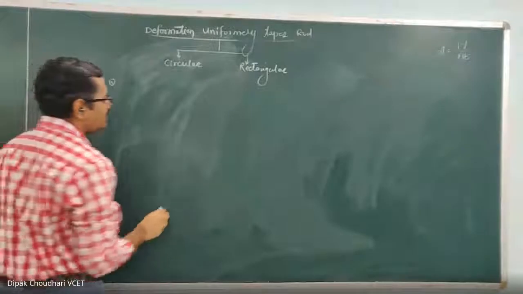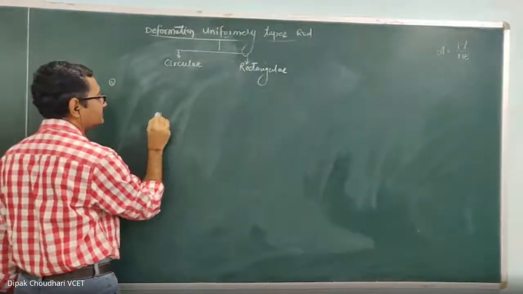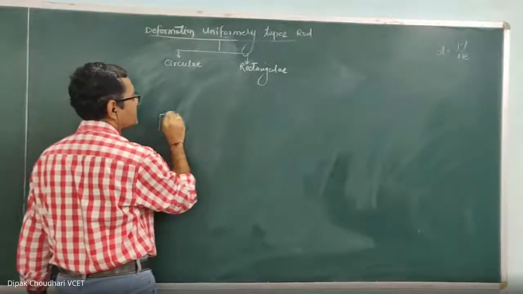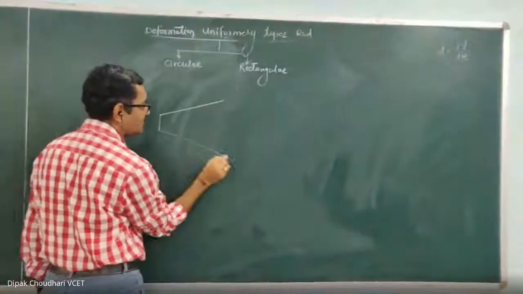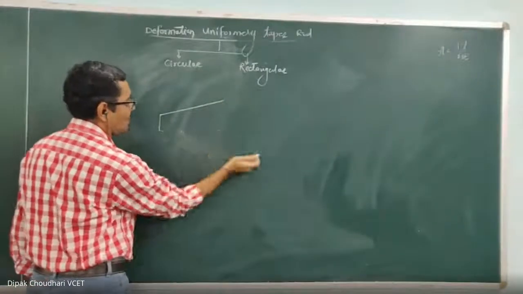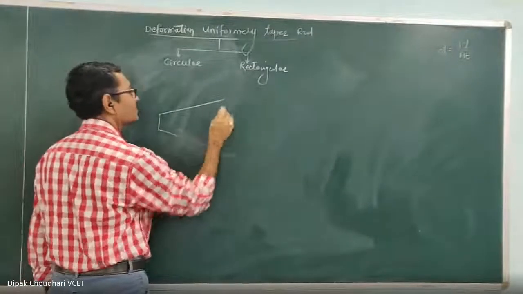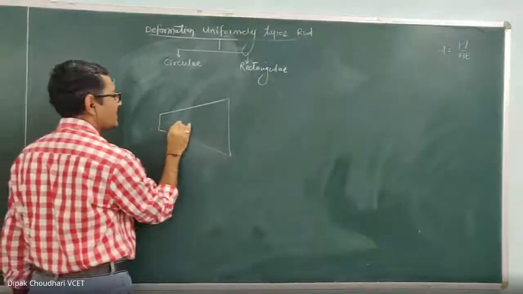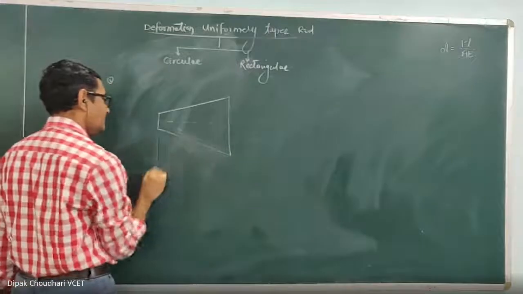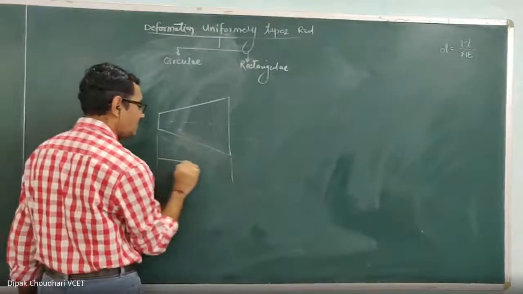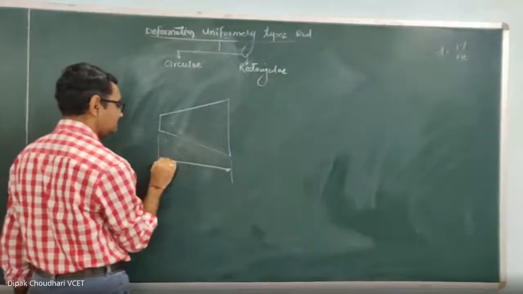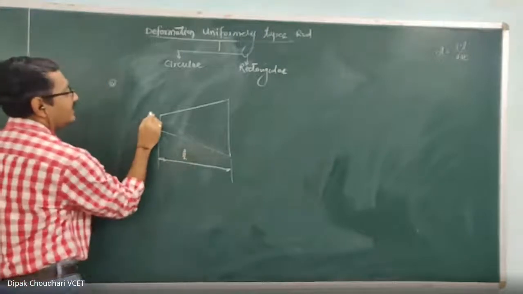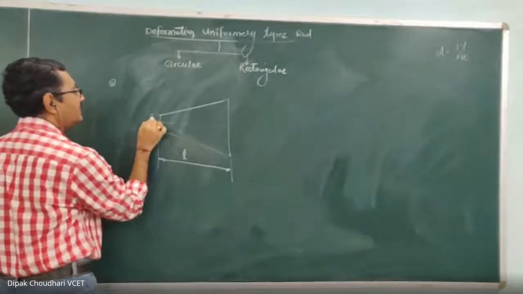Now let's consider one circular rod which is tapered. Cross section is circular but tapered, and this taper is uniform. Let's consider this is the axis. Let the length of the rod be L. Let this diameter be D1.